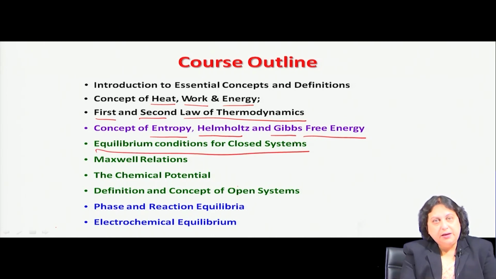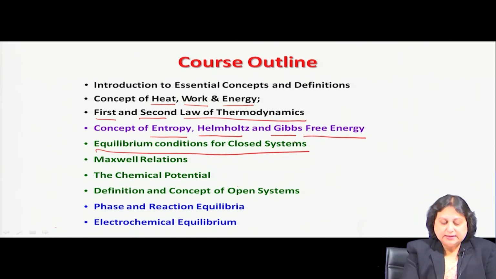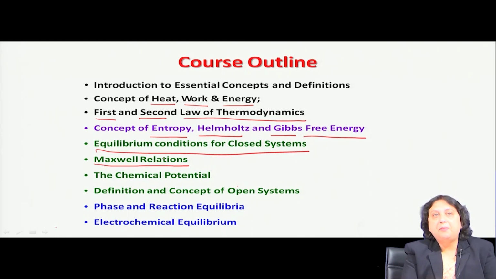And what I mean by closed systems is these systems cannot allow any change in the number of particles. The total number of particles in such a system will always remain constant. In this connection, we will also learn what are known as the Maxwell's relations.